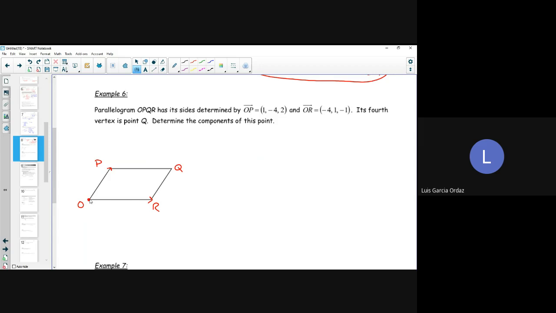Okay, so again, this is the way my vectors are going to be going. And I want to figure out its fourth component, which is Q. So what I'm figuring out is OQ. So I know vector OP, given by my description, is 1, negative 4, and 2. Vector OR is negative 4, 1, and negative 1. So now I need to figure out what OQ is going to be.